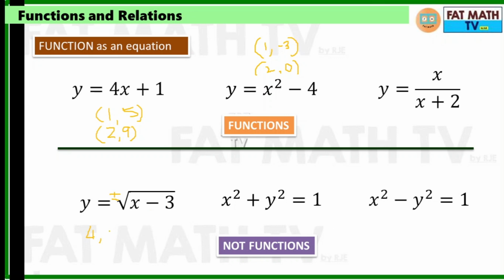The square root of 1 can either be 1 or negative 1. So your 4 can be paired to 1 or negative 1. So you will have (4, 1) and (4, negative 1). So since your x value has two pairs from the range, this is not a function. Same here, if you give values for x, that will give you two y values because of the existence of this squared y.